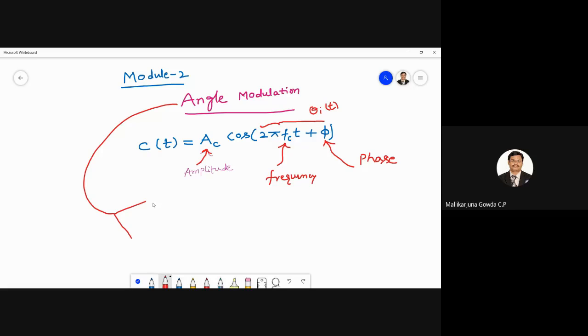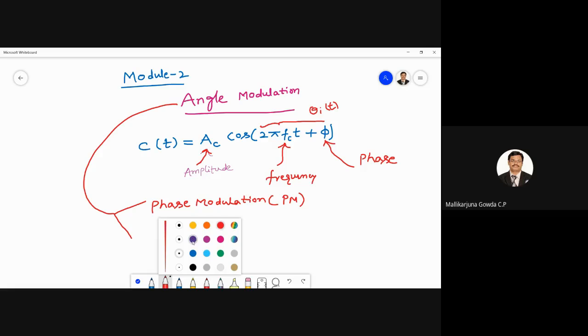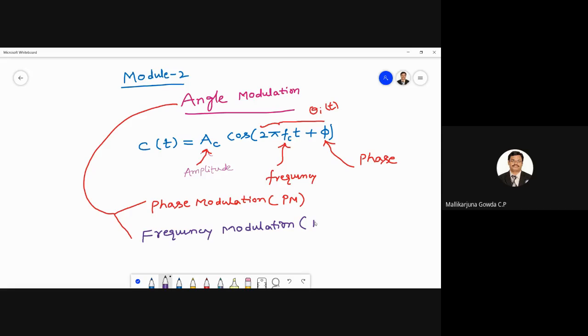One is phase modulation, in short PM. Another one is frequency modulation, in short FM.